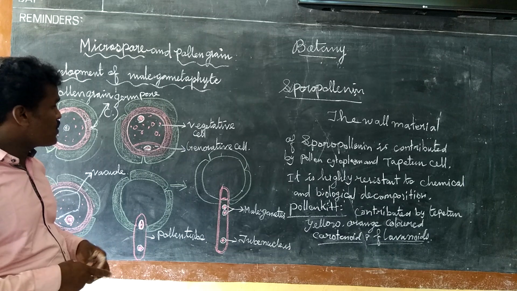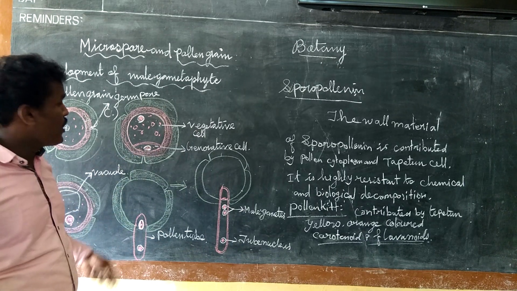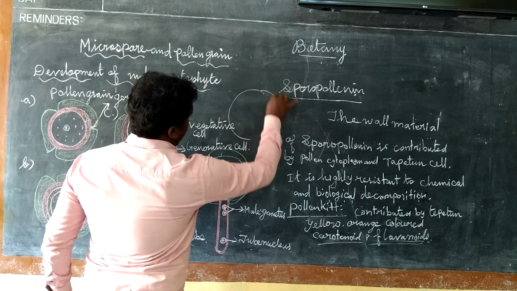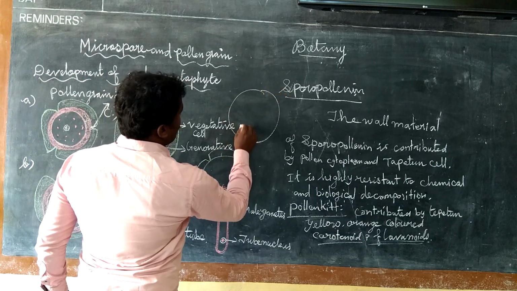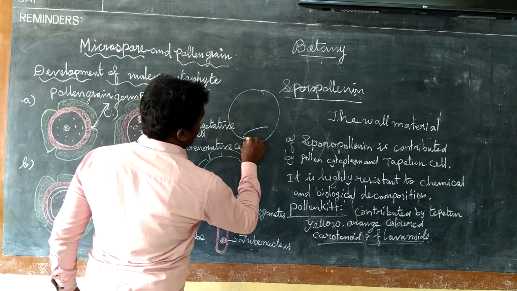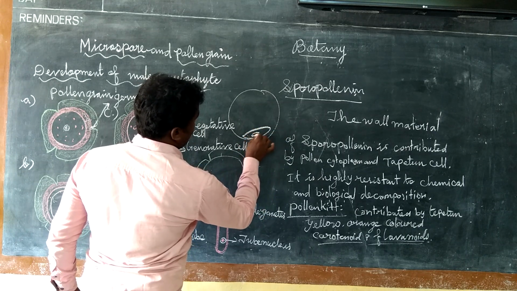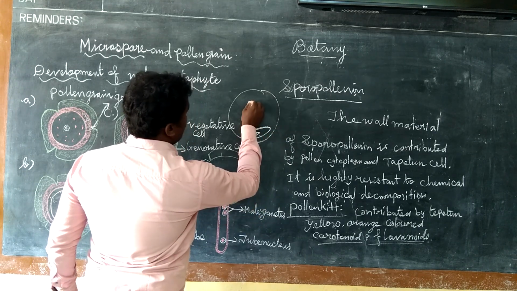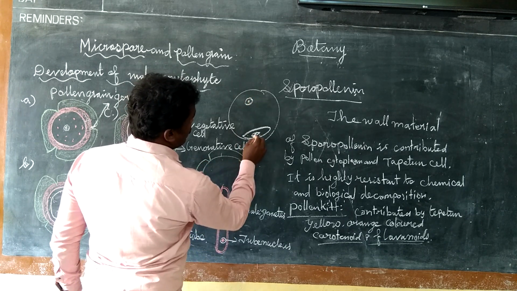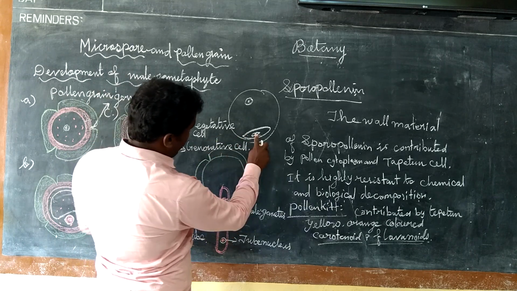In some plants, what happens? The generative cell undergoes division. Look at this. This is the vegetative or tube nucleus, and this is the generative cell, and in the generative cell nuclear division happens.